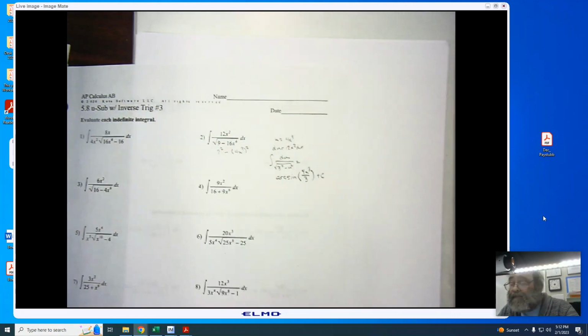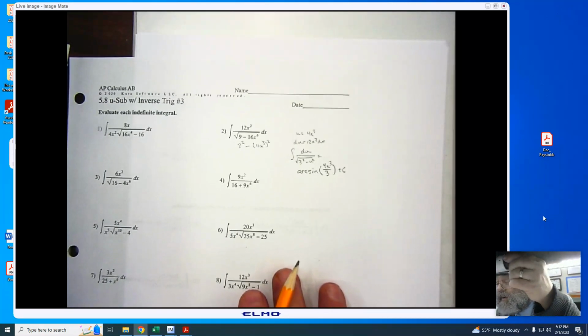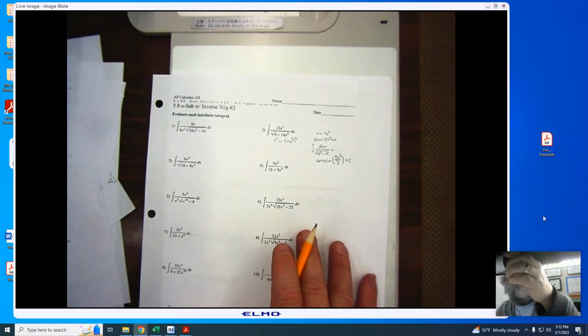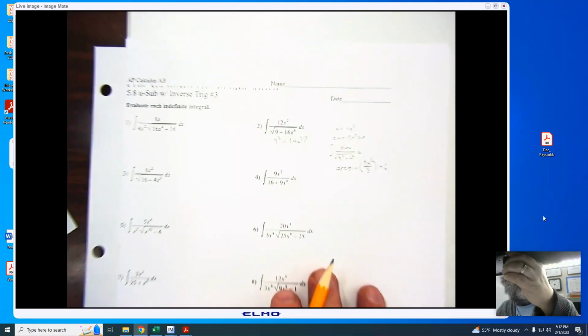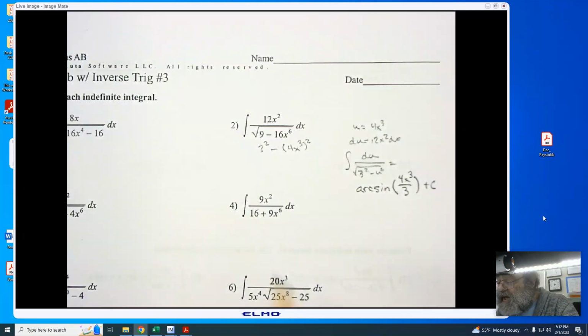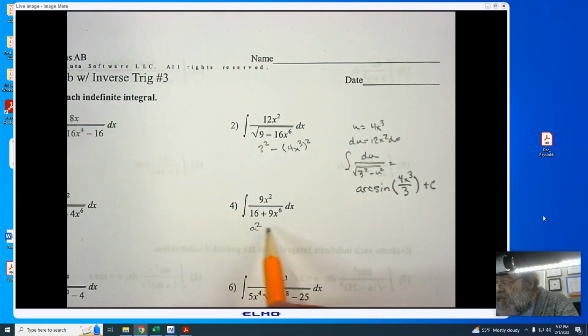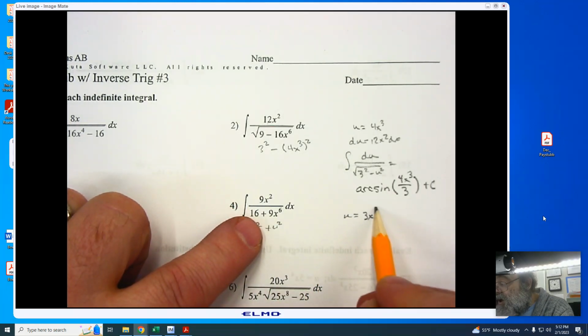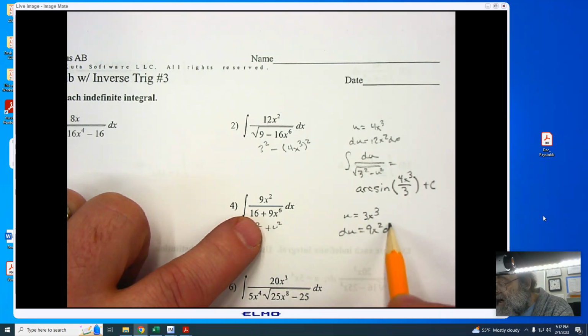That's number 1. Number 2, same thing, except now we're looking at our arc tangent, because we have an a squared plus u squared. Our u in this case is going to be 3x cubed, so that our du will be 9x squared dx.